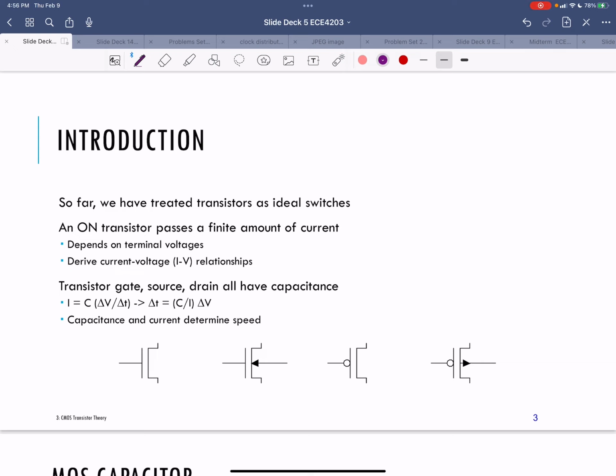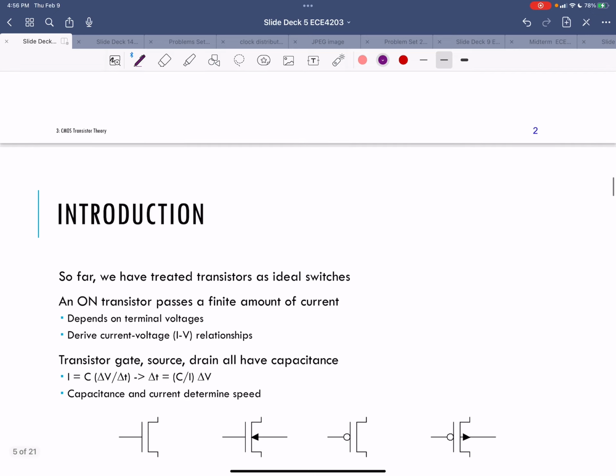I talked about that quite a bit just now, but really a real transistor has a bunch of things. Basically, it's got a current versus voltage characteristic. It's got various capacitances. First, I'll tell you what we're going to talk about, and then get into the details of it.